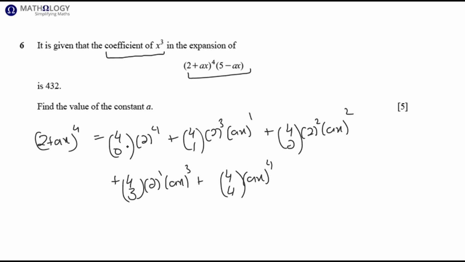Now, if we look at all 5 terms of this expansion, when we multiply every one of those terms by 5 minus ax, we need to get terms in x cubed. That's all we're interested in.